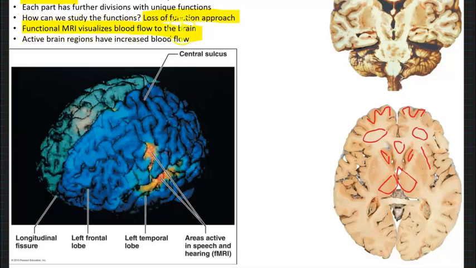When a part of your brain is very active, it requires much more resources, resources that are brought to that part of the brain by blood. So the more active parts of the brain will have greater blood flow, and this blood flow can be detected in real time by means of functional MRI.